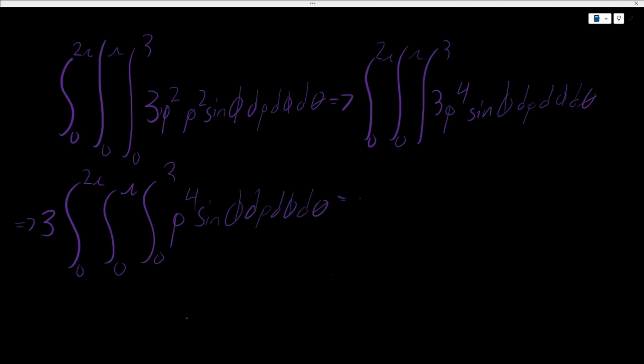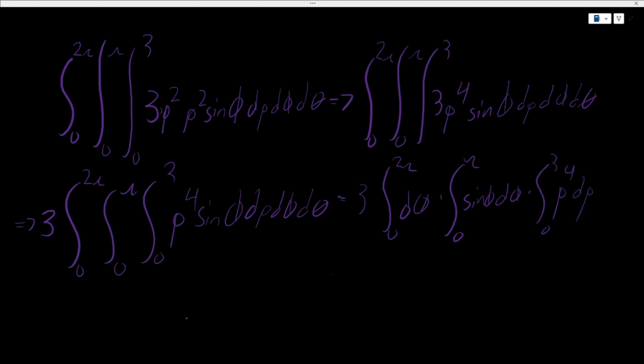Because our integrand has no values that depend on each other, we can separate them to make it a little bit easier to evaluate. So we'll have 3 times the integral of 0 to 2 pi d theta times the integral of 0 to pi sine phi d phi times the integral of 0 to 3 of rho to the 4th d rho.